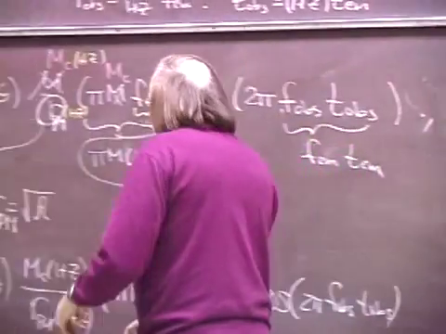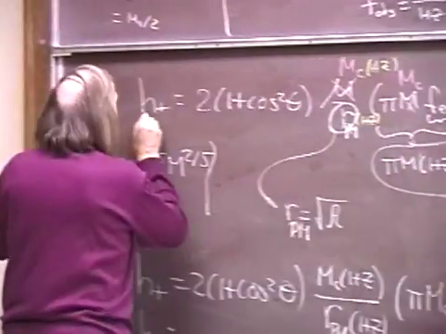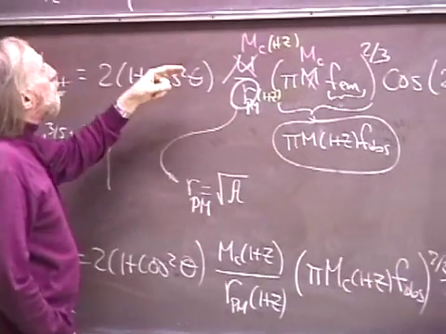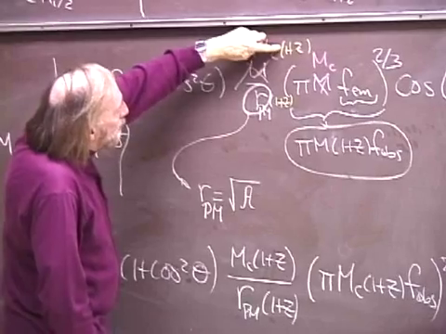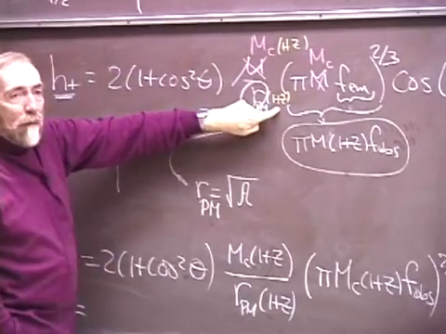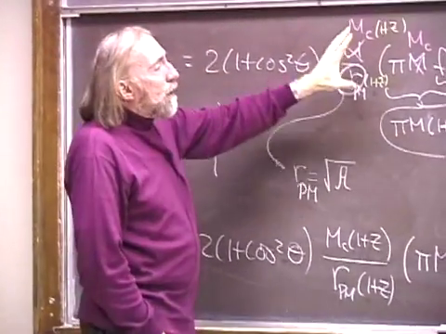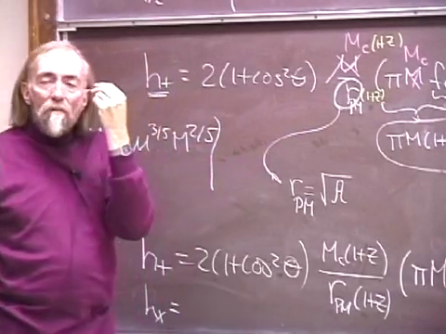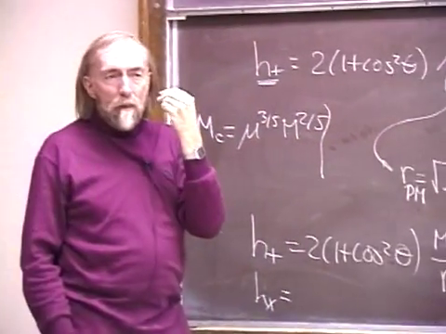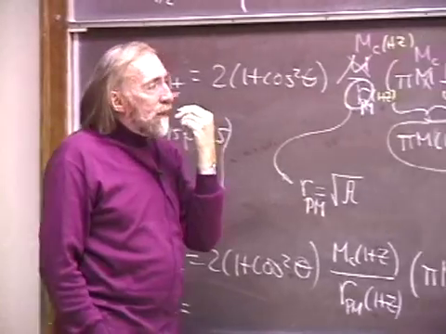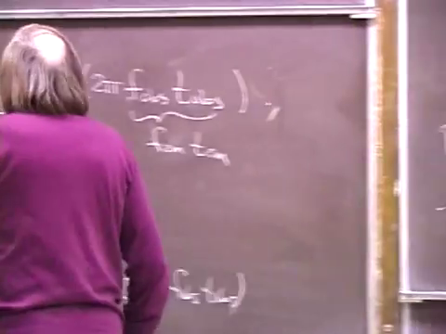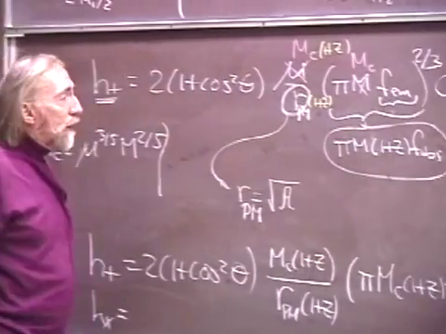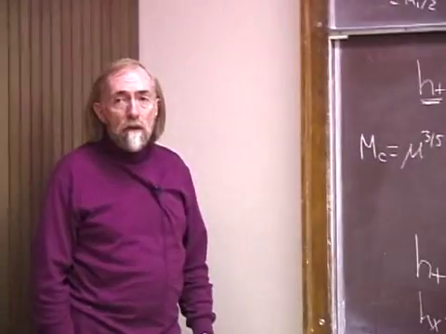Now, the overall strength of the waves in terms of h goes as 1 over proper motion distance. Well, I put a 1 plus z in the numerator and a 1 plus z in the denominator, but I only did that because I wanted to talk about what it is that we actually can measure, what we can infer from the observed waves. And it's luminosity distance we infer from the observed waves, but it's really proper motion distance that determines how strong the waves are when they reach the Earth.